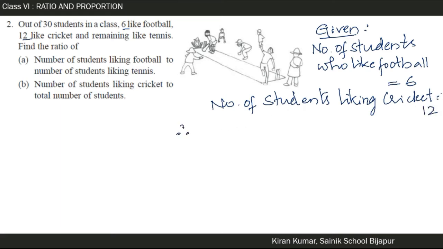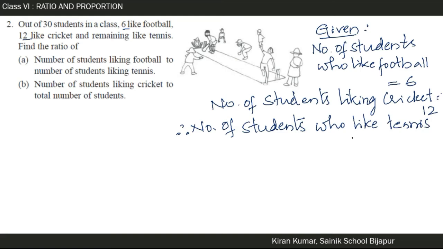Therefore, the number of students who like tennis will be the total number minus the sum of the number of students who like cricket and football, so we get 12.